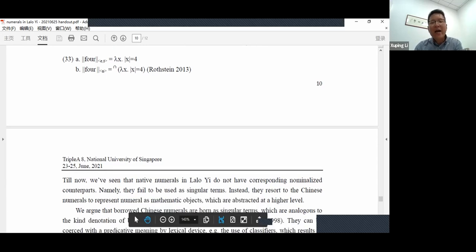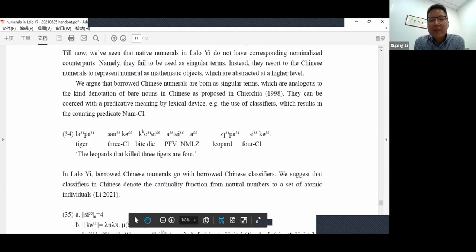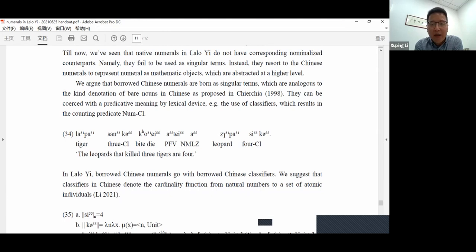And actually Chinese numerals are born as singular terms. Then how can they compose with classifiers? So if Chinese numerals are treated as singular terms, then they are somehow analogous to the kind of denotation of bare nouns in Chinese, right? As proposed in Krifka.